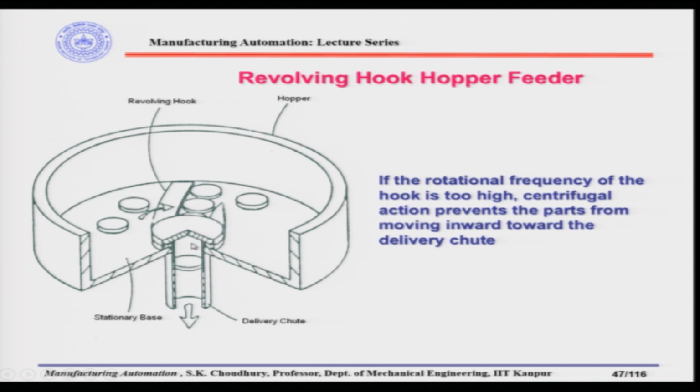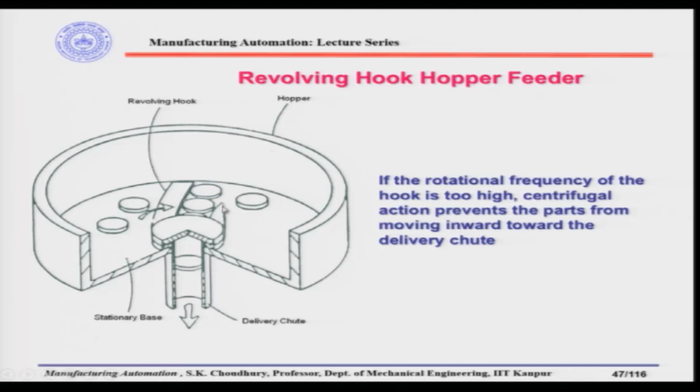At the center there is a hollow cylinder acting as a delivery chute, through which the parts are fed to the assembly machine. The revolving hook velocity is very important, because if the hook rotates at a very high velocity, the parts will not be guided to the delivery chute.